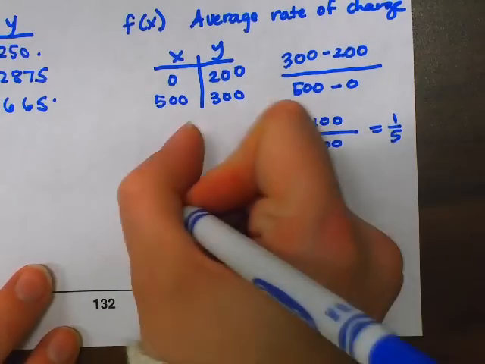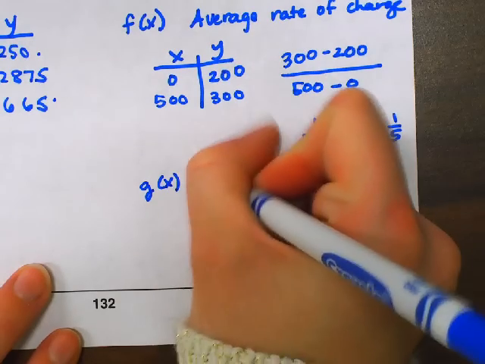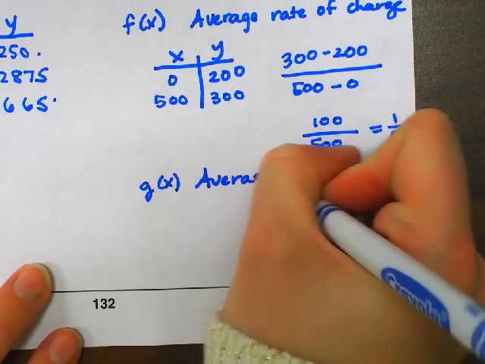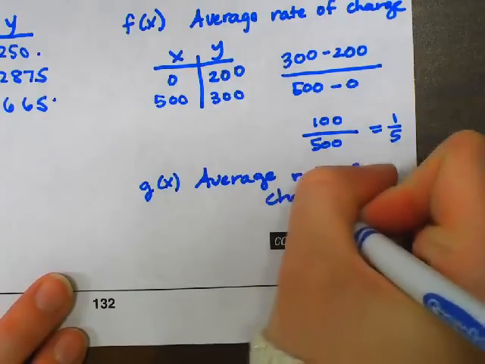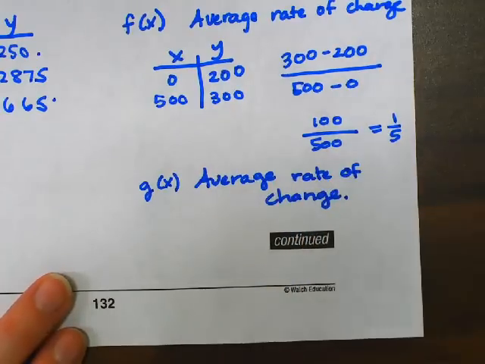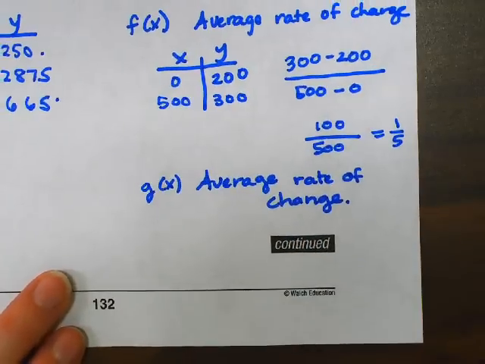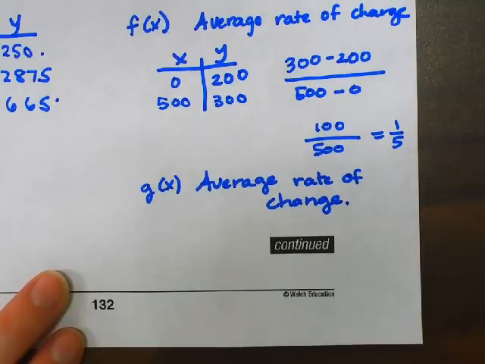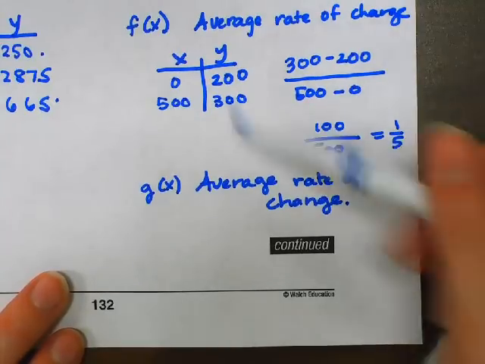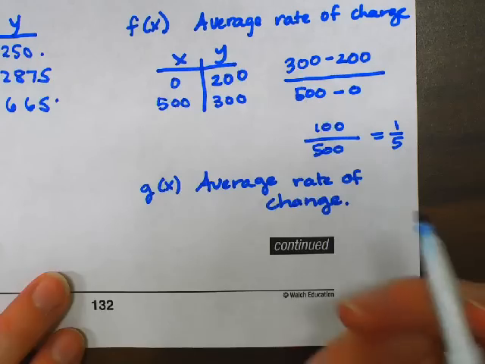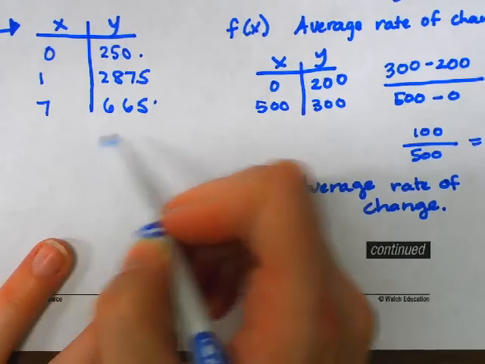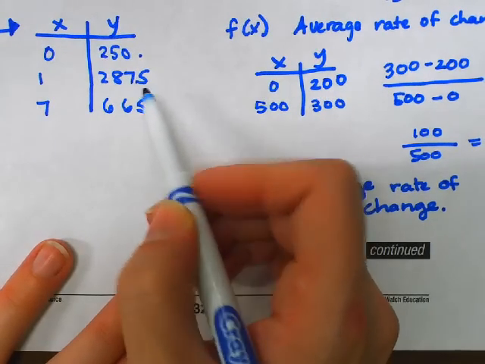And now I want to do the same kind of thing, but this time for my table. So g of x, average rate of change. If you need to pause this video at any time to copy these numbers down, you totally can, but I would like to see all of this math in your notes, please. Alright, so for g of x, let's use the 0, 250, and let's use the 7, 665, because those are perfect points.